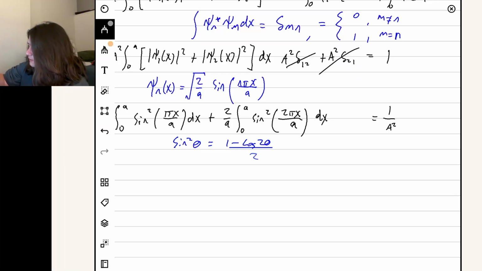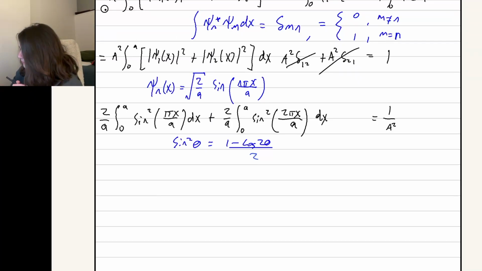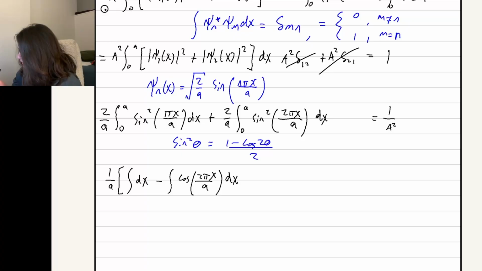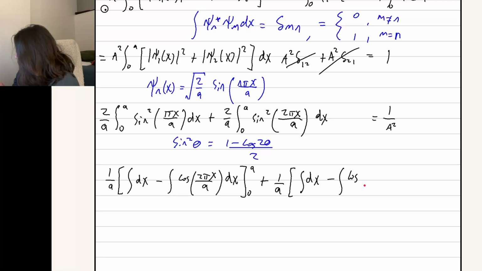So using that trig identity removes the factor of 2 that we had before, and this becomes 1 over a, and then the integral of dx minus the integral of cosine 2 pi x over a dx evaluated from 0 to a, and this is going to be 1 over a, integral of dx minus integral of cosine 4 pi x over a dx.